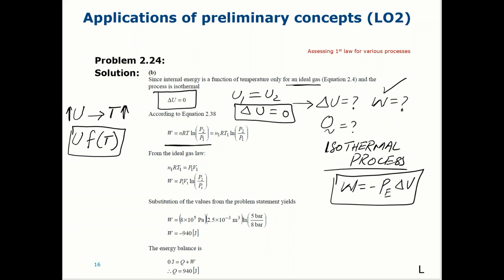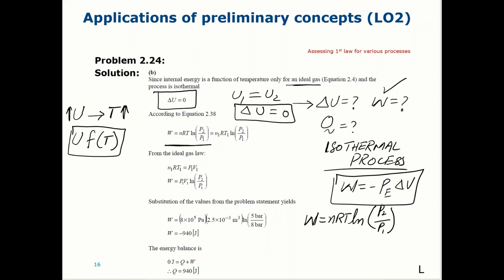So for an ideal gas, work done is equal to nRT ln P2 over P1. This is the work done formula for an ideal gas.